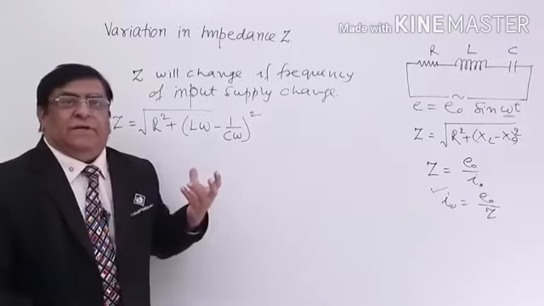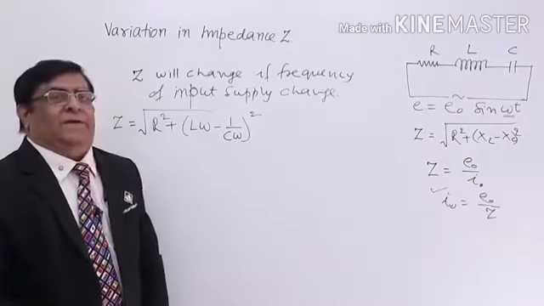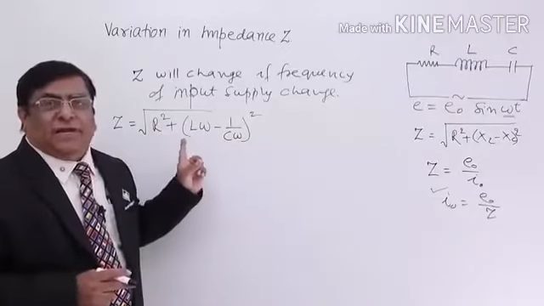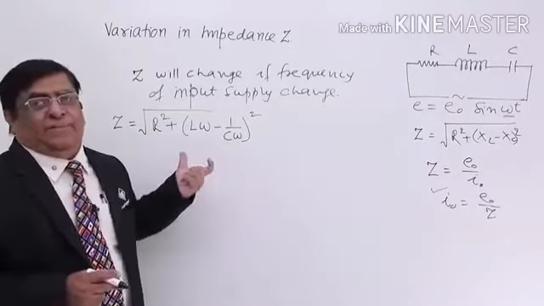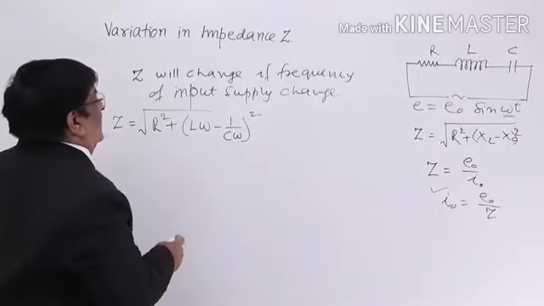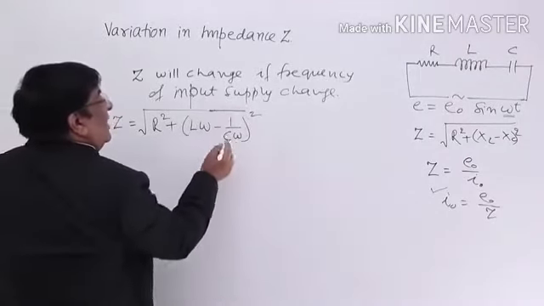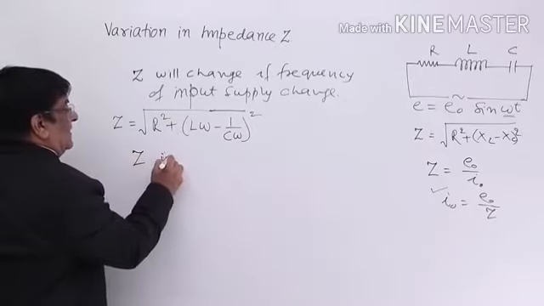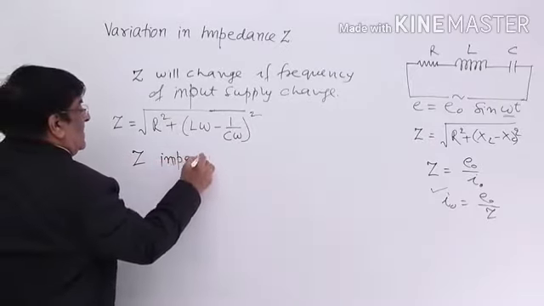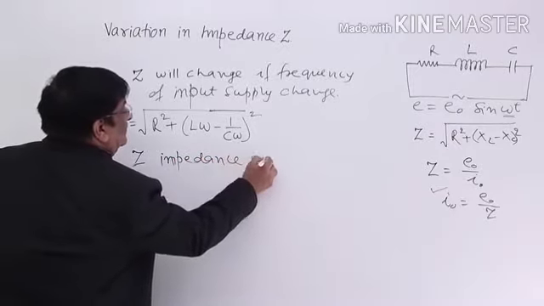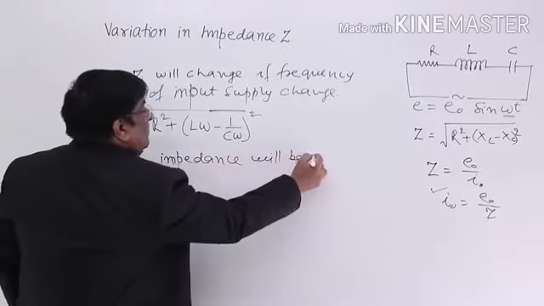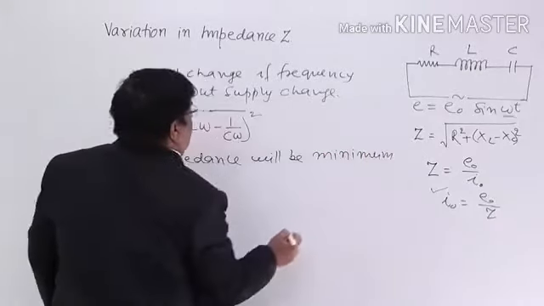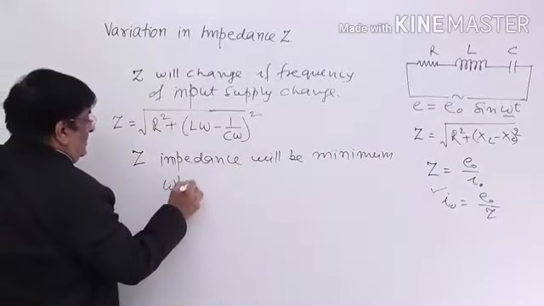Now we will study how this omega affects Z. First, what is the minimum value of Z and how does omega affect it? Z, or impedance, will be minimum when this bracket becomes 0.